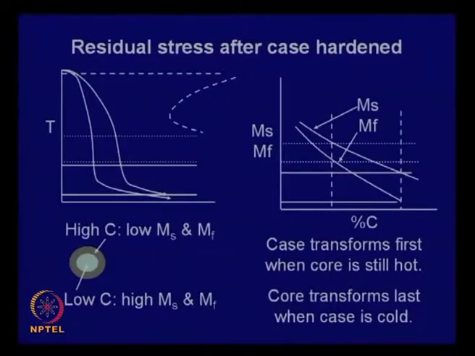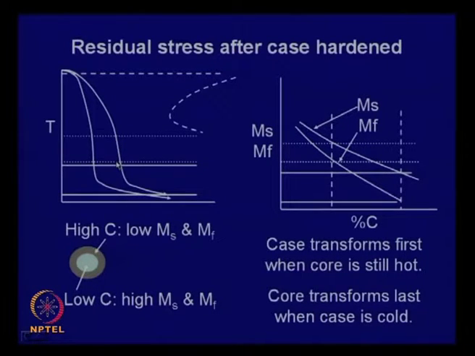It can plastically deform because it is still hot and plastic. Therefore, the case transforms first and becomes hard, and after it has become hard, then the transformation at the core starts.